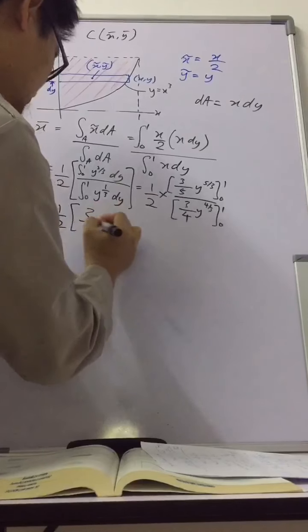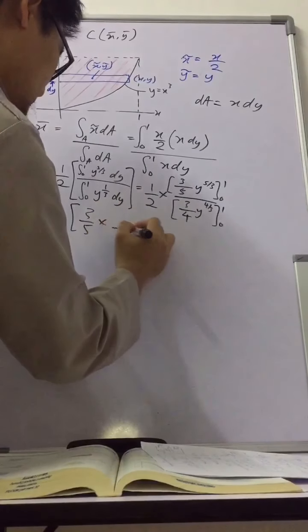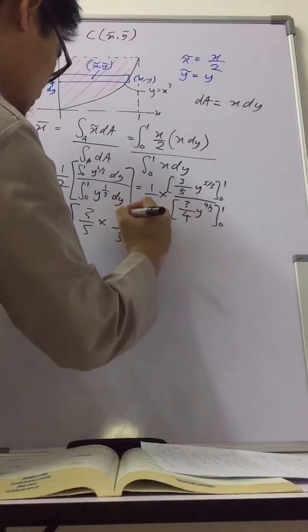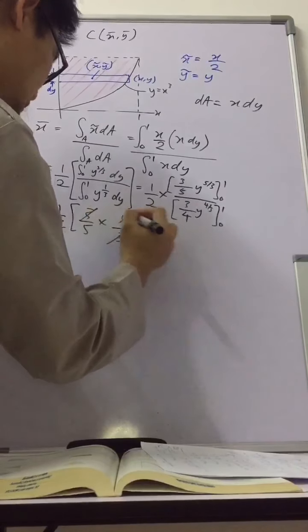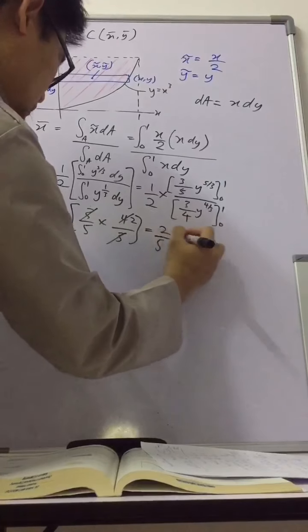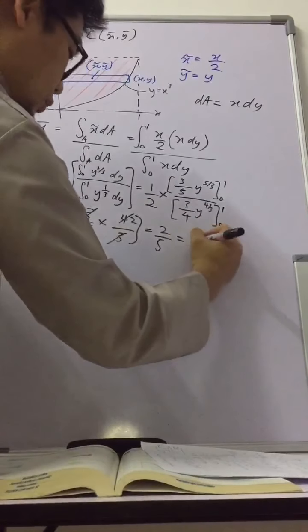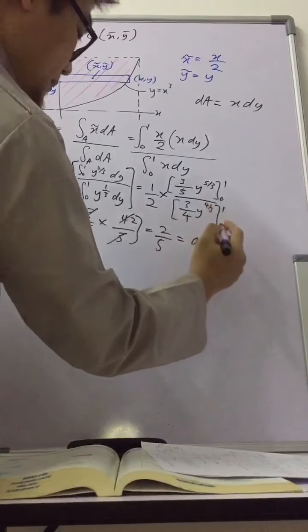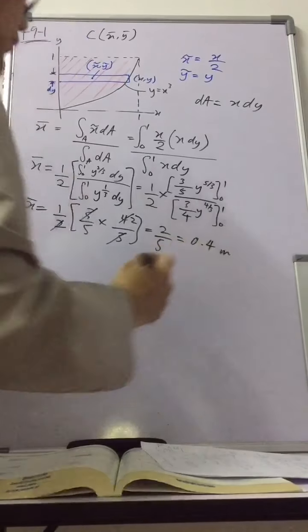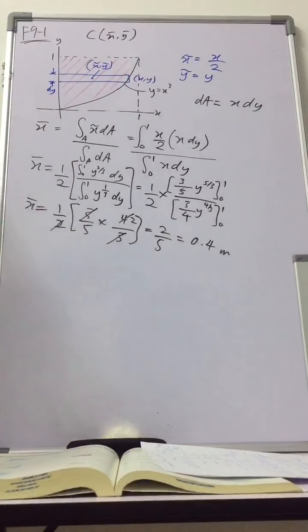So it becomes 3 over 5 times 3 over 4 here. Becomes this 2 over 5, right? Sorry, 2 over 5 is 0.4. 1 over 5 is 0.2. 2 over 5 is 0.4 meter.